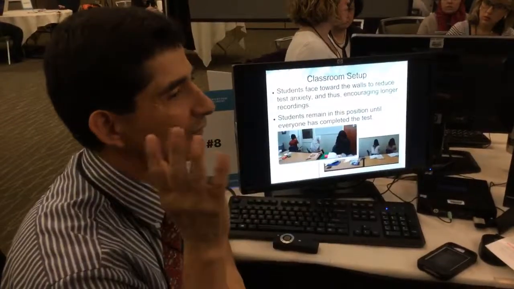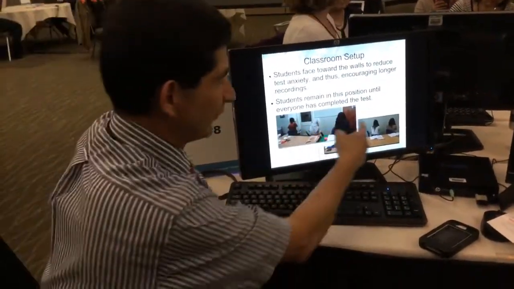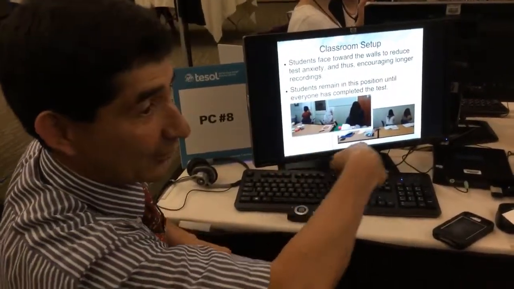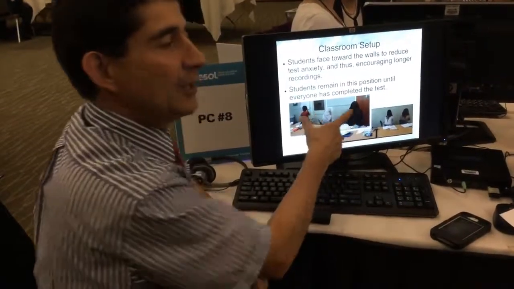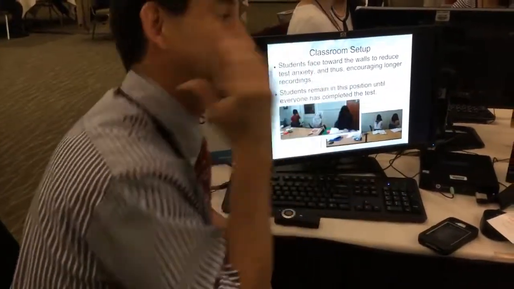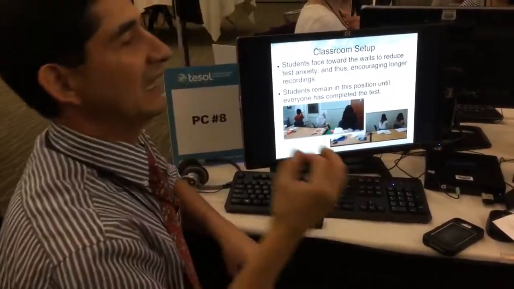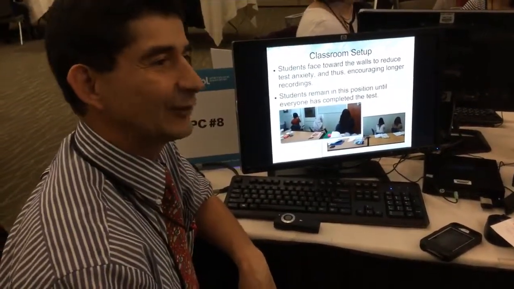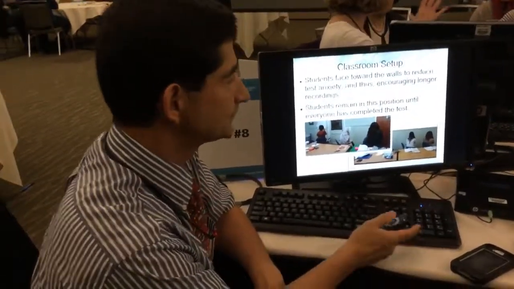They're only hearing the voices. If we extend the room around, students are recording all around this room, but they don't see each other. By arranging the room this way, it cuts down on the pressure of ending early, and students record a little bit longer.